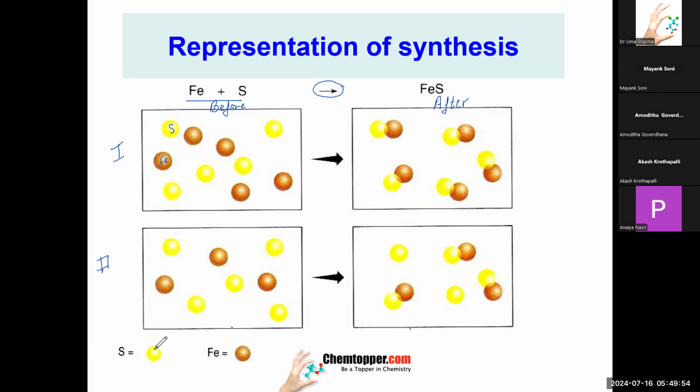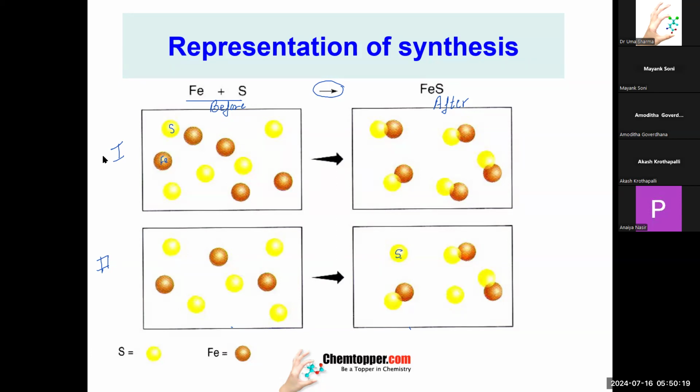Excess is sulfur. Anaya, you're not answering. Okay, start answering, dear. You're understanding this? They all are identifying the limiting reactant and excess reactant from this picture.